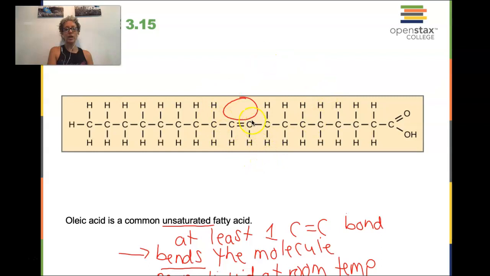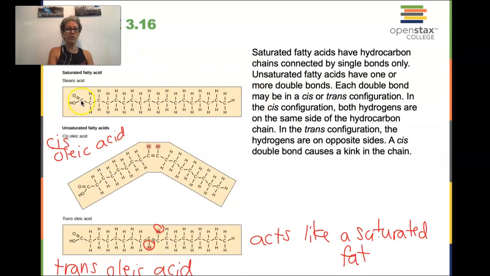So we're looking at, are both of the hydrogens either on the bottom or on the top, or is one hydrogen below and one hydrogen above that double bond. So stearic acid, wholly saturated. Everything is single bonds. Same number of carbons in cis-oleic acid and trans-oleic acid.